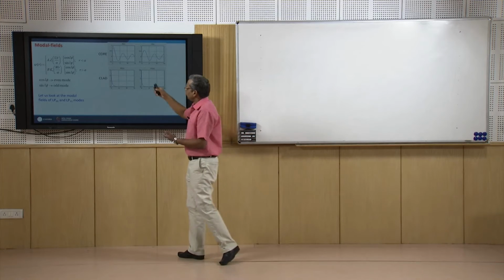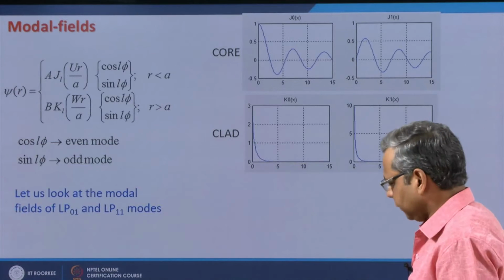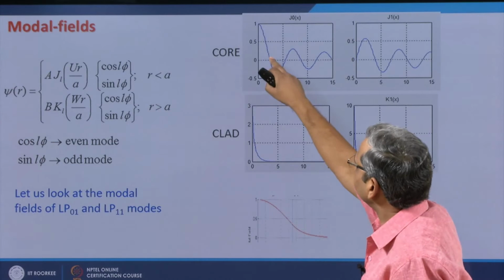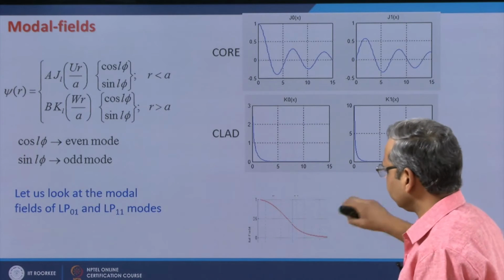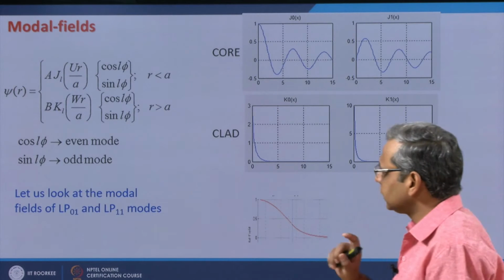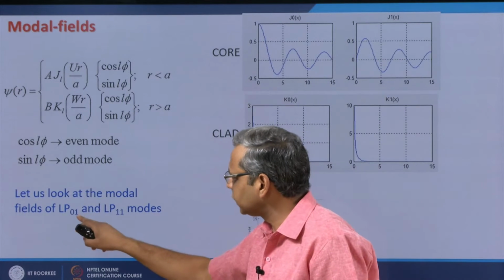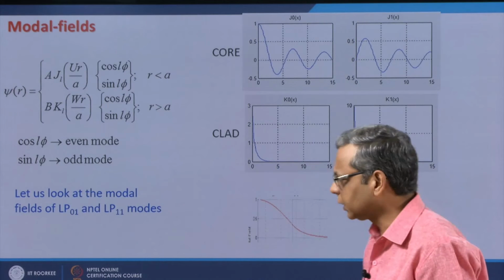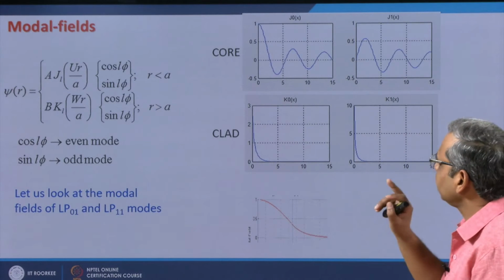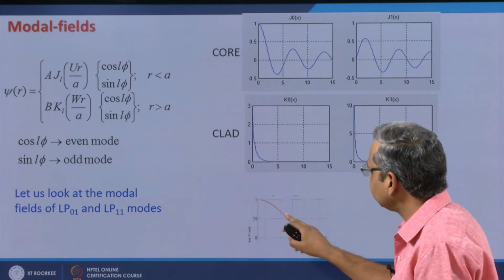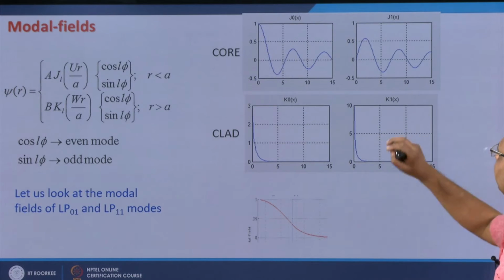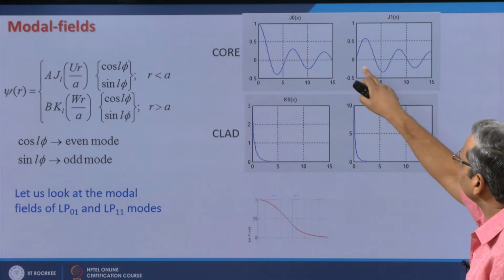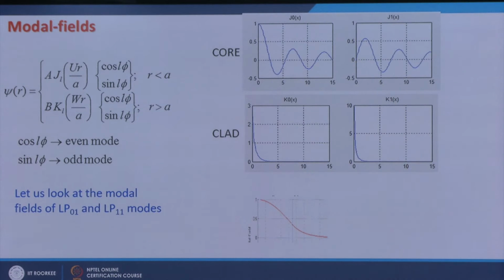When I combine these, in the core I will have this solution, and in the cladding I will have this solution. Since these are the first modes for L equal to 0 and L equal to 1 respectively, I will not have any 0 in this, and I will not have any 0 in this, except a 0 at R equal to 0.